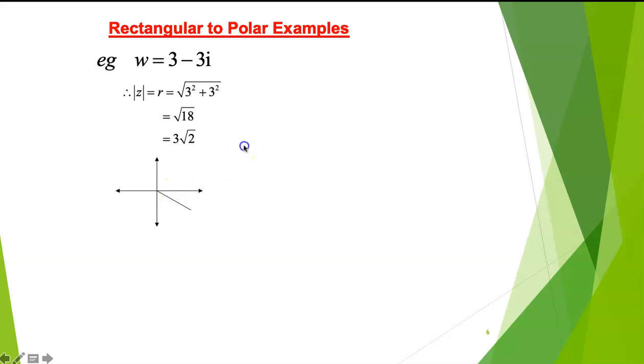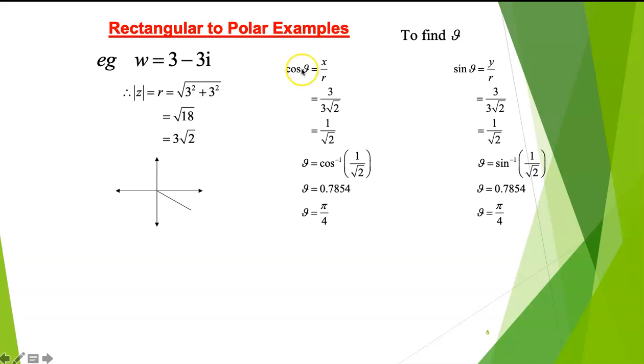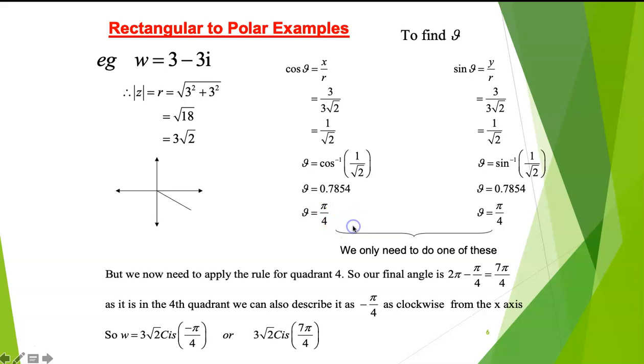Using the modulus and the sine or cosine to find the theta, you can use the sine or cosine and you get pi over 4, or you can use the sine rule, also you get pi over 4. So the angle is pi over 4. That means you have to do 360 minus pi over 4, and because we're dealing with radians here, we will do 2 pi minus pi over 4, so the answer will be 7 pi over 4.